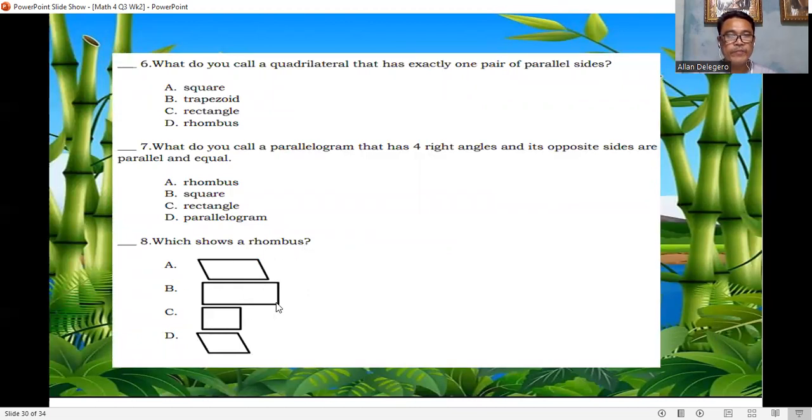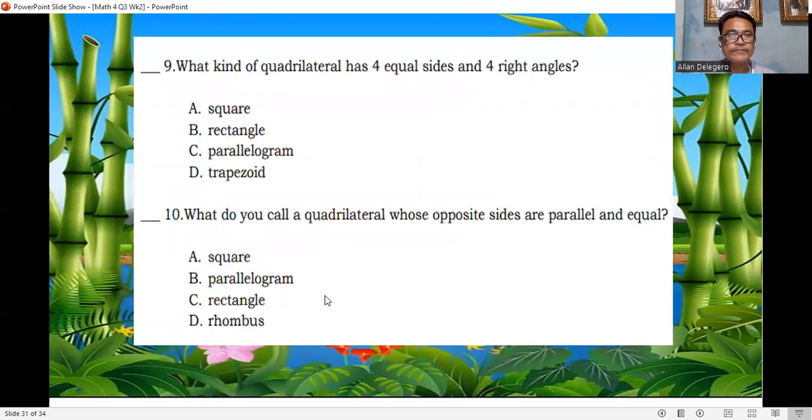A, B, C, D. 9, what kind of quadrilateral has 4 equal sides and 4 right angles? A, square. B, rectangle. C, parallelogram. D, trapezoid. 10, what do you call a quadrilateral whose opposite sides are parallel and equal? A, square. B, parallelogram. C, rectangle. D, rhombus.